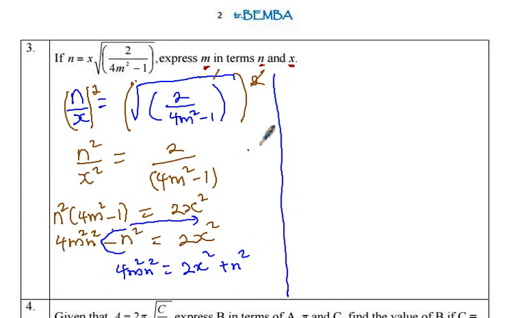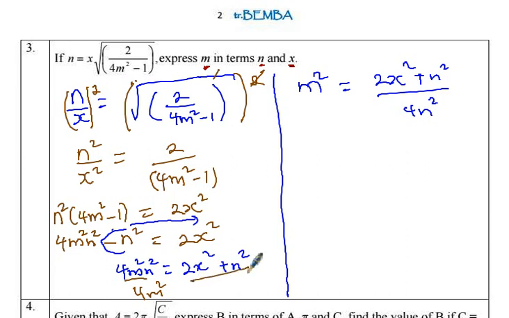Now that we have this, when we divide on both sides by 4n squared, I stay with m squared is equal to 2x squared plus n squared out of 4n squared. Okay, I've simply decided to divide here by 4n squared. I've also divided here by 4n squared. So this will disappear, so that I put away n squared again, and I can stay with my m.